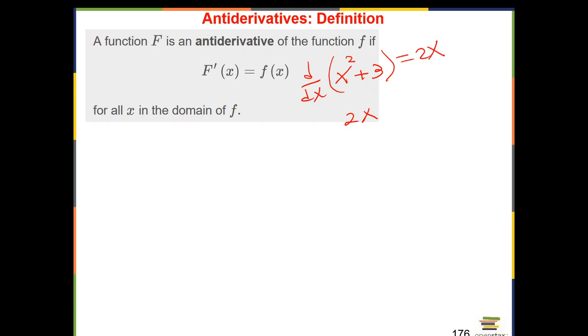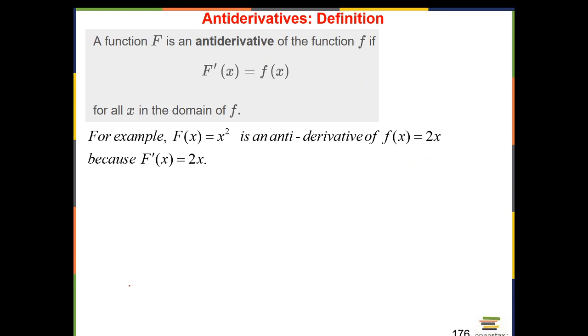I get 2x, right? So that means x squared plus 3, you can call it capital F of x, for f of x equals 2x, right? So that's the idea of antiderivative. And we can easily find these things, right?